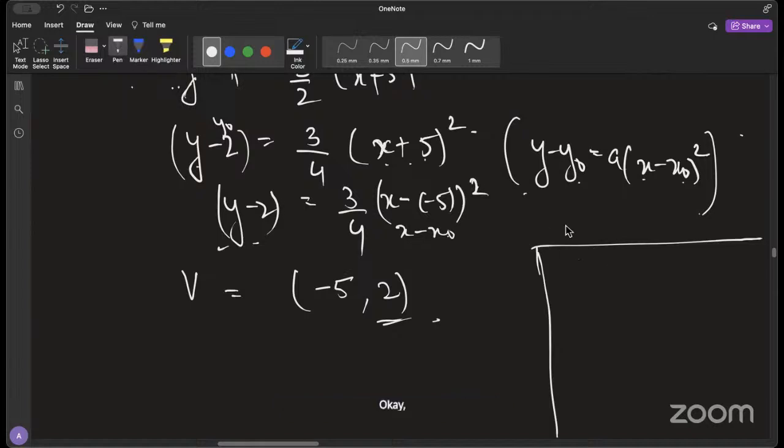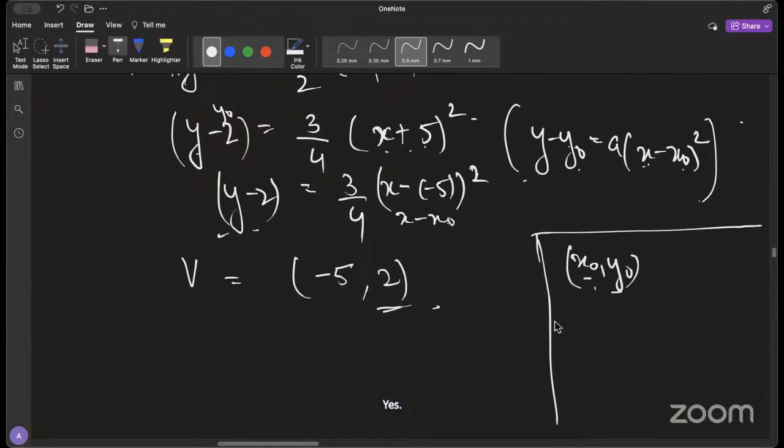Okay, you've understood this part, that if you have your quadratic function looking like this, if this is the equation you derive from your quadratic function, then the vertex should be x naught comma y naught, where x naught is what is subtracted from x, and y naught is what is subtracted from y.